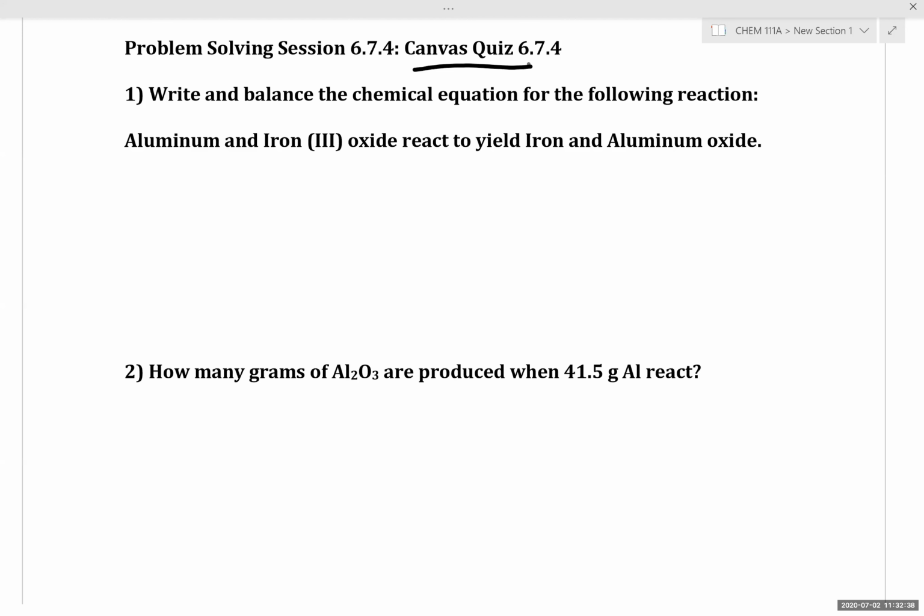So let's work through this problem and make sure we're comfortable applying our skills at writing balanced chemical equations and utilizing that balanced equation for stoichiometry. And we'll discuss this example shortly.